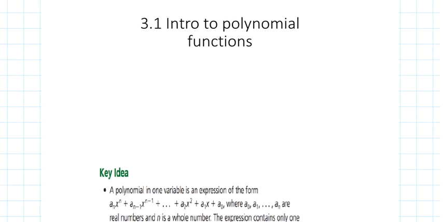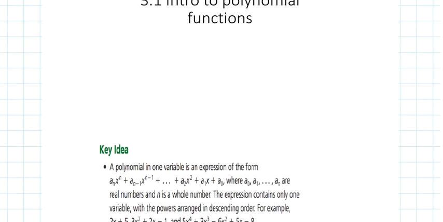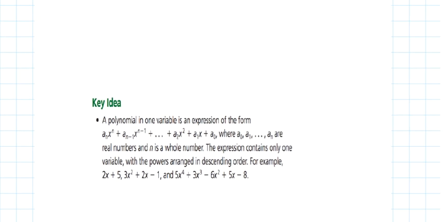A polynomial function has one variable and is expressed in this form, where the a's are coefficients.